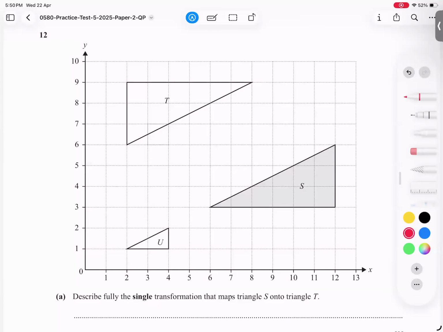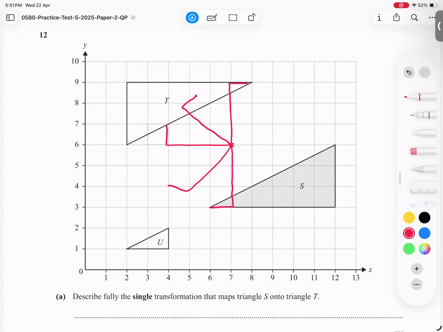Question number 12. We have to describe fully the map S onto T. So S is going onto T. We can say this is a rotation, and we have to find the center of rotation. I can guess, I can get an idea. Here 3 boxes and 1, 3 boxes and 1.